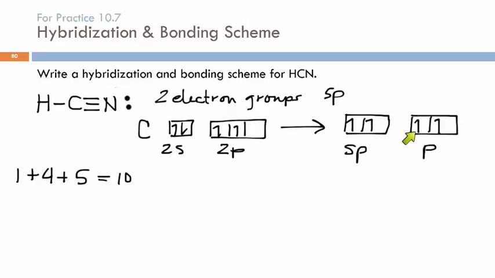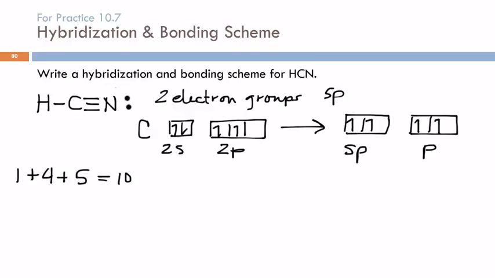Again, the energy difference here is small enough that it's better for the electrons to have their own orbitals. In the quantum hotel, people would prefer to have their own bed, but if sharing a bed saves you $150 a night, you're going to do it, right? It's just not worth it. But what if it was $5 a night to get your own bed? You're like, yeah, the benefit outweighs the cost. So because these are close in energy, the benefit of them having their own orbital outweighs the energy cost of them being in a slightly higher energy.